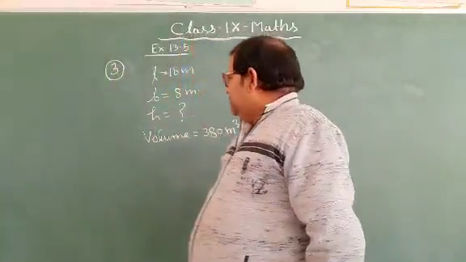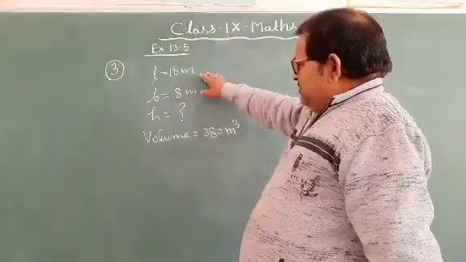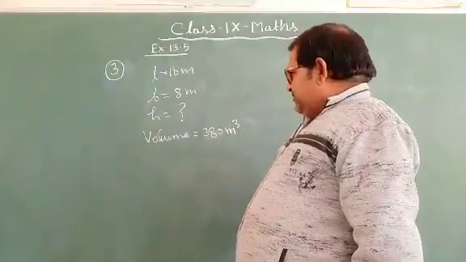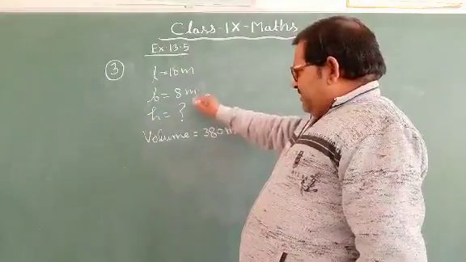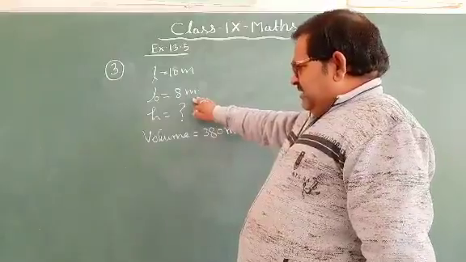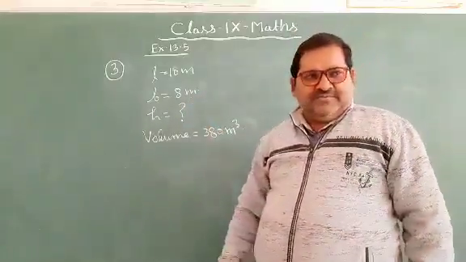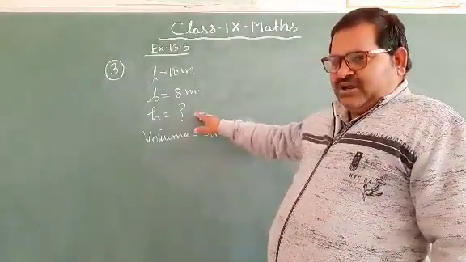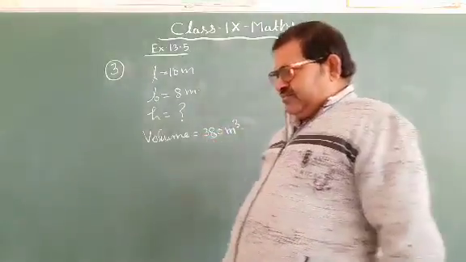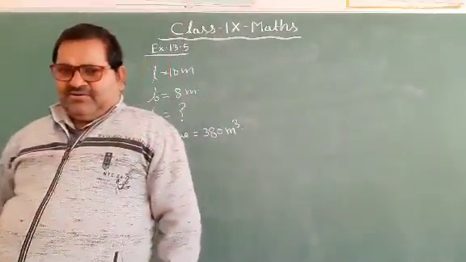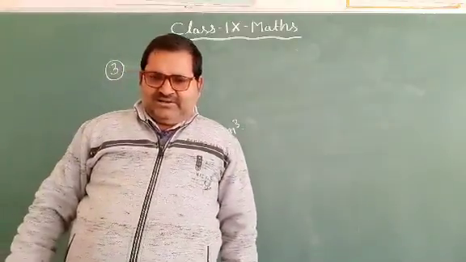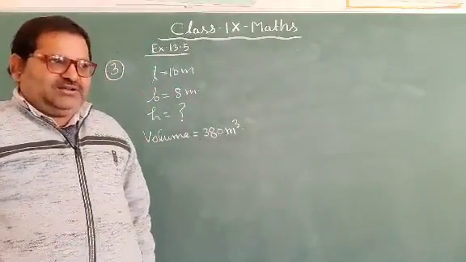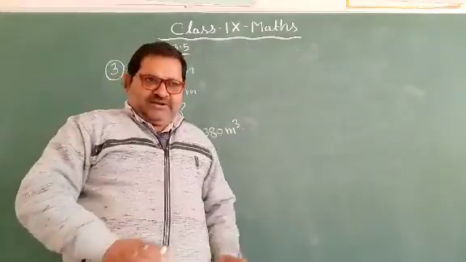Now see again. In this question, the length of the cuboidal vessel is 10 meter, the breadth is 8 meter, the height is unknown, and the volume of the cuboidal tank is given. So we find the height.